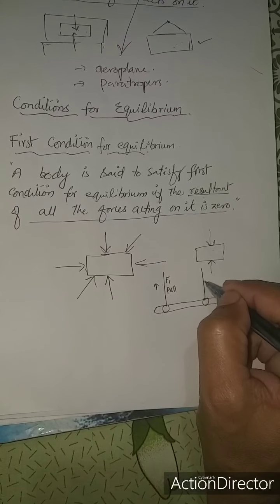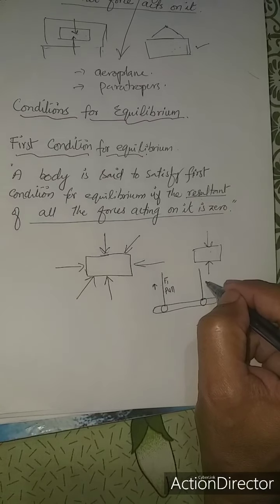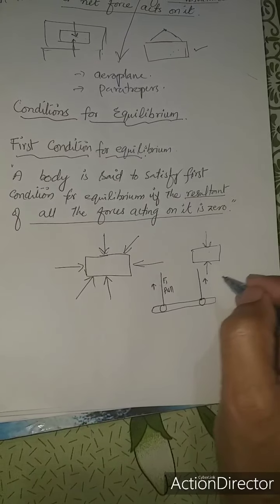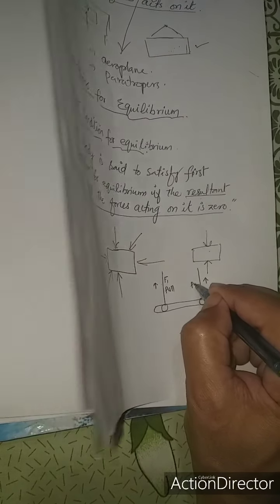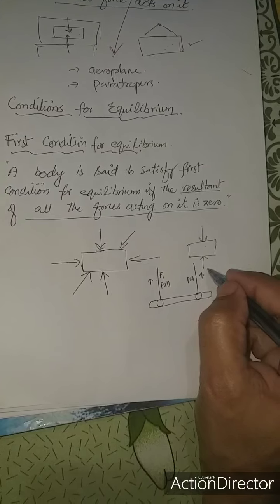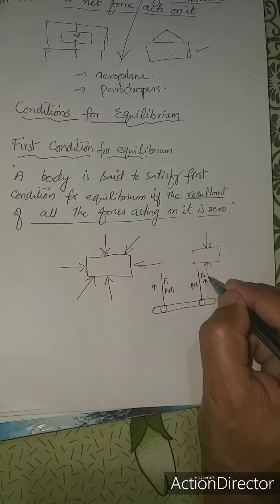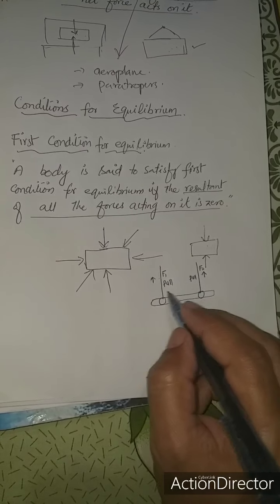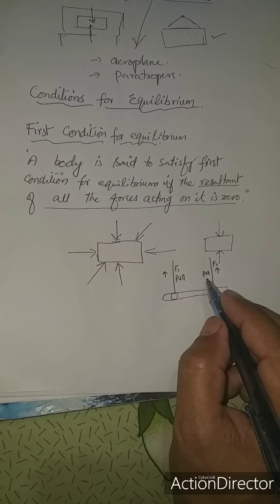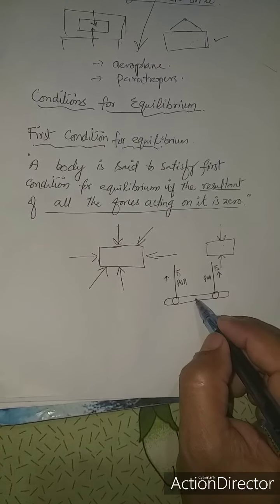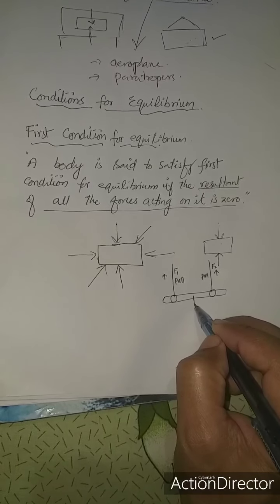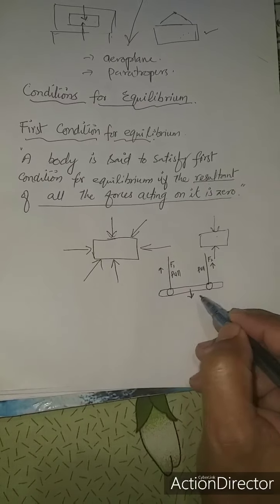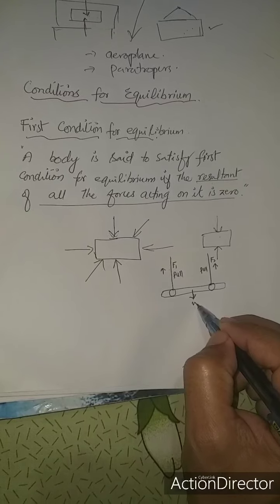And here is the second rope, which also pulls upward in the form of tension, and we denote it with the force F2. And this log of wood has a weight which is acting downward, right?